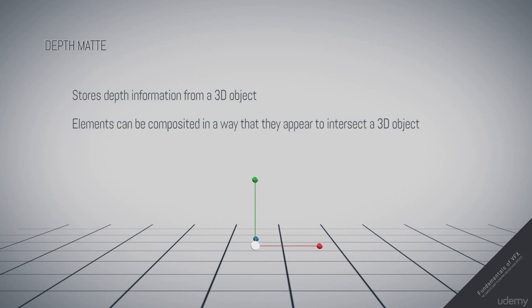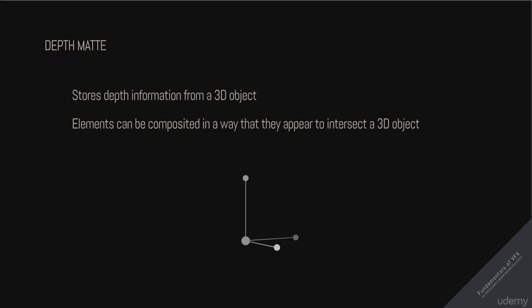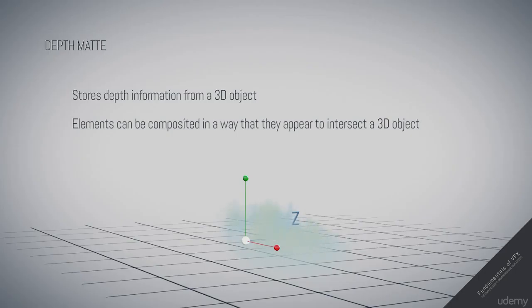In a flat 2D image, however, we have the X and Y coordinates, but no Z coordinate. A depth matte stores all the Z coordinate information as a flat image and allows you to composite elements so that they intersect with the 3D objects. Here is a simple example. As you can see, the smoke comes in front of the Z-axis, but behind the X-axis.